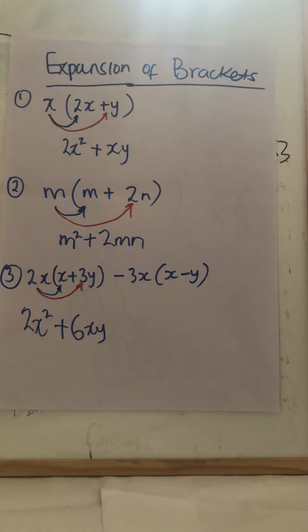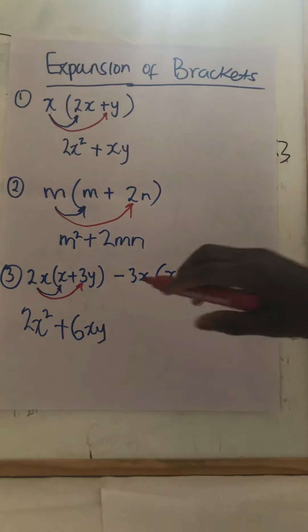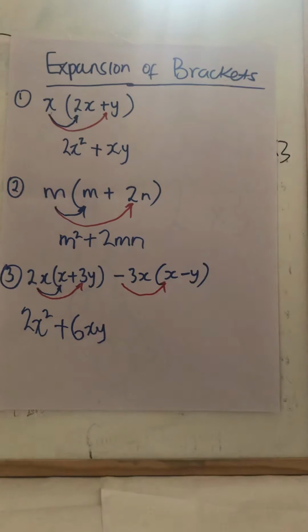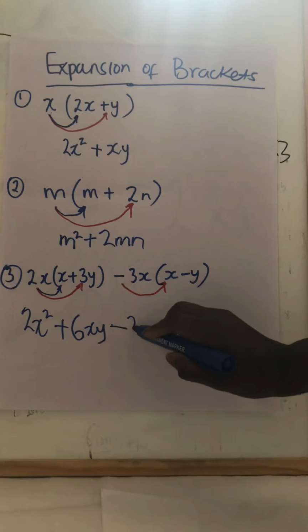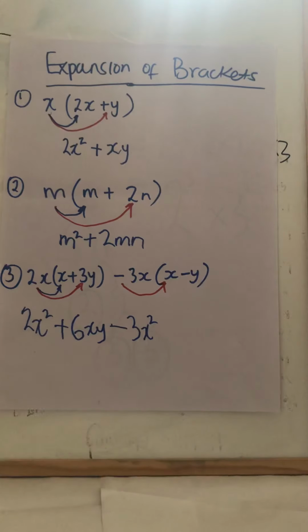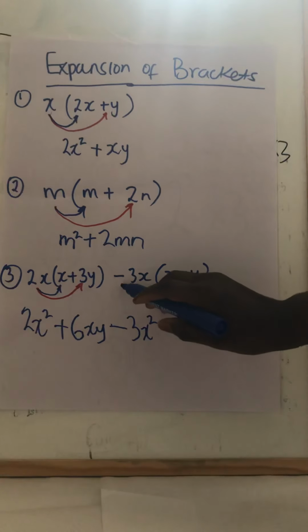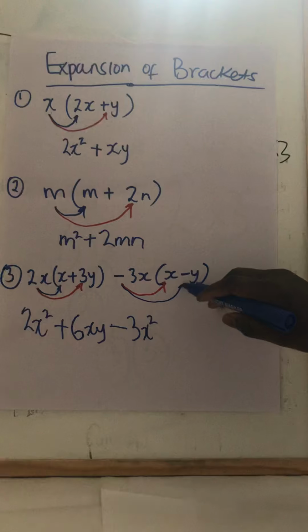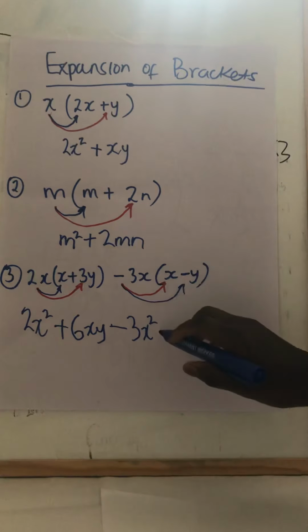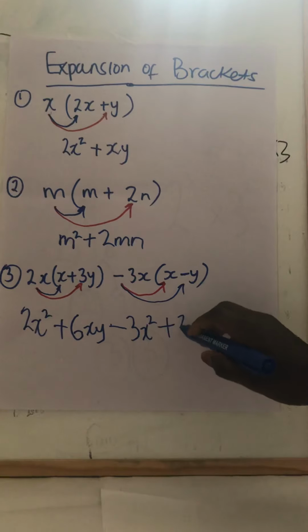Remember I said we have to take note of our plus sign and our minus sign. Here is an example. Minus 3x multiplied by x will give me minus 3x squared. Again, minus 3x multiplied by minus y, I'm going to have minus times minus is plus 3xy.